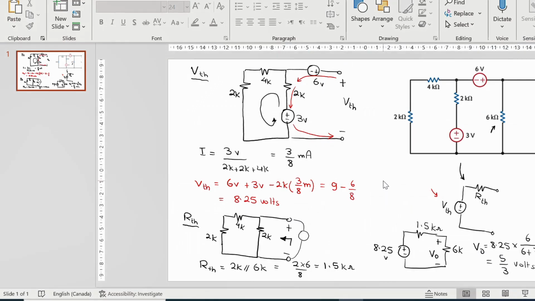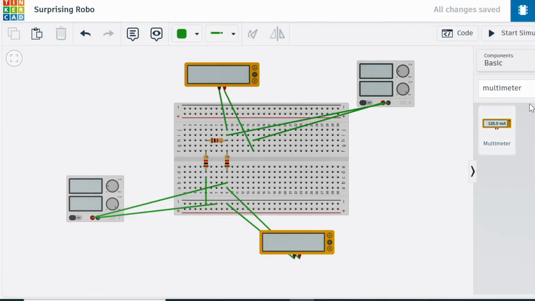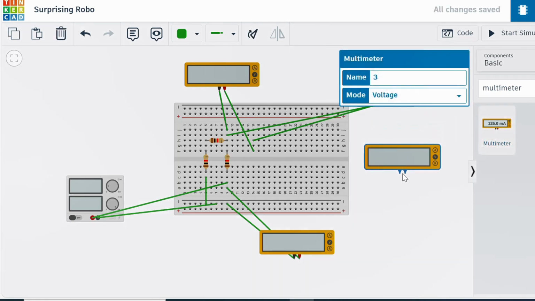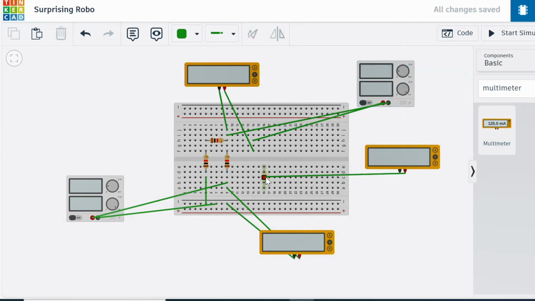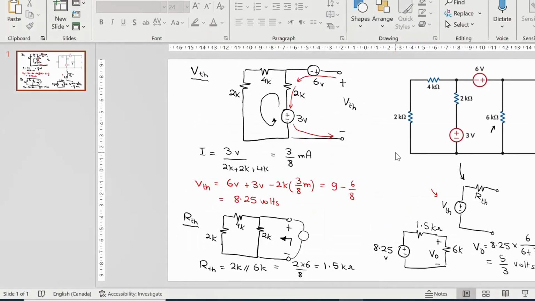Finally, we need to measure Thevenin voltage and Thevenin resistance. So Thevenin voltage, as we mentioned, is measured between these two nodes. So I will connect a multimeter between these two nodes. Let's use this other multimeter for this. The positive terminal will be connected to the positive terminal of the battery, which is this connection, and the negative terminal of the multimeter will be connected to the ground.